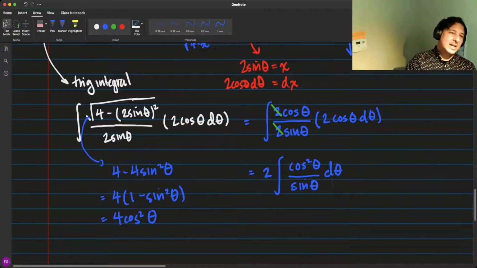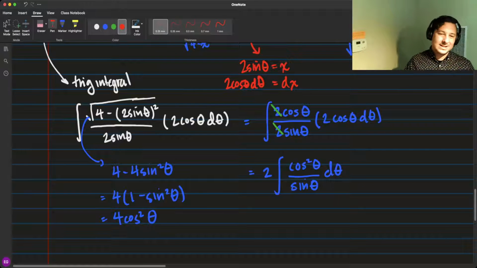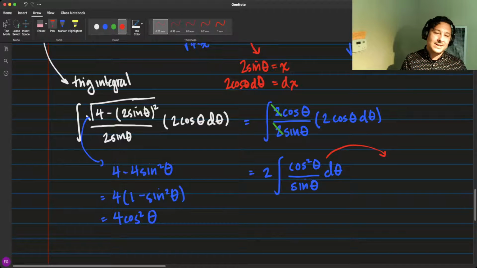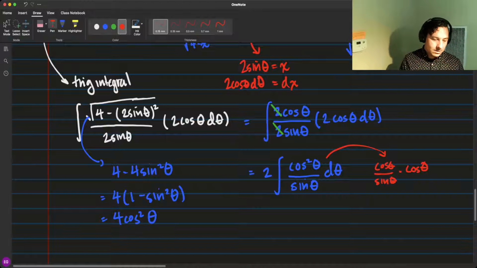Okay, so now we're looking at this, and there's several things that I can turn it into, but I think I'm going to write this as cosine theta over sine theta times cosine theta. Ooh, wait.